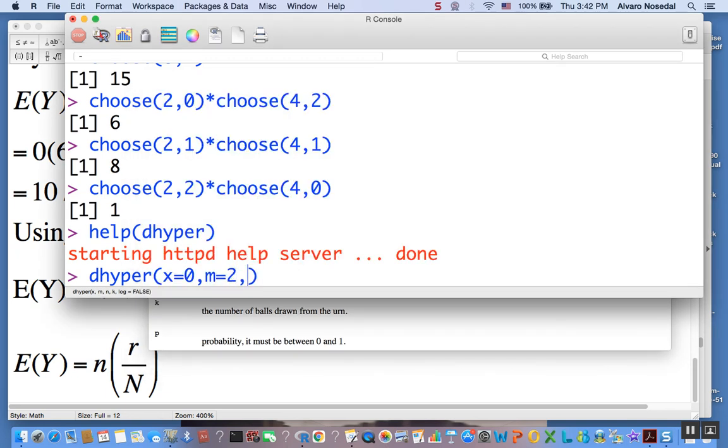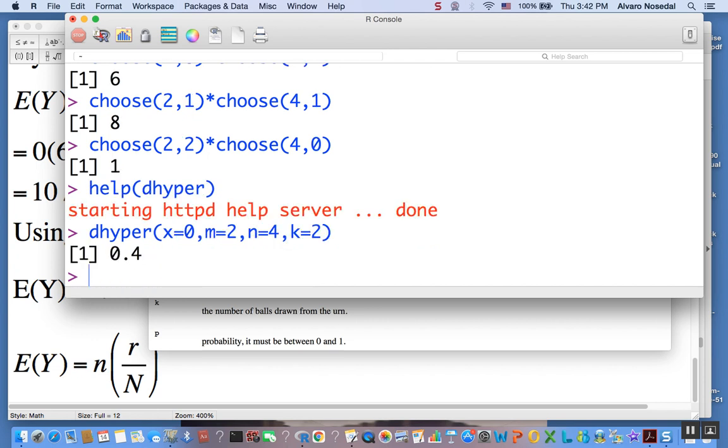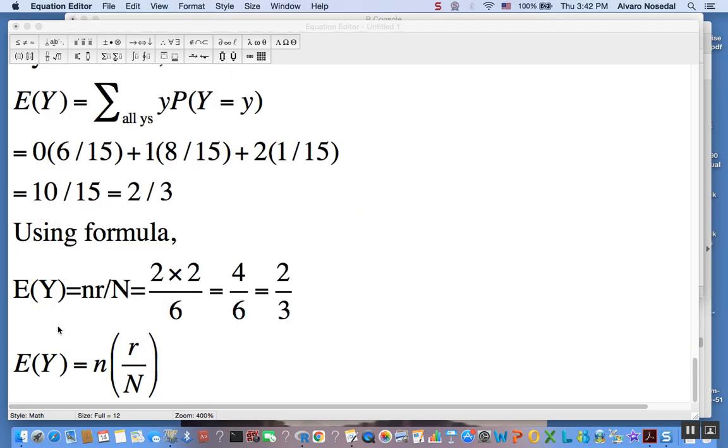So we have 2 successes. We have 4 failures, right? And we have samples of size 2. Make sense? Okay. So 0.4, and it is this guy, right?